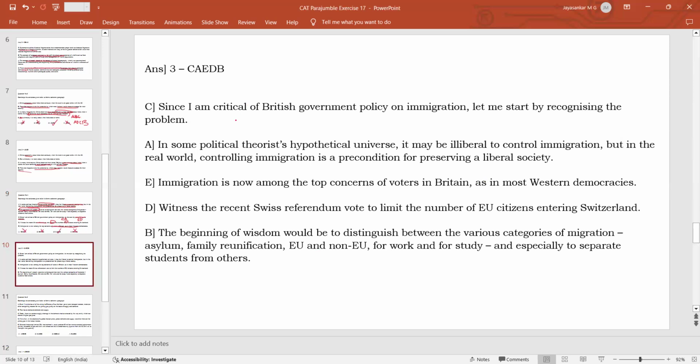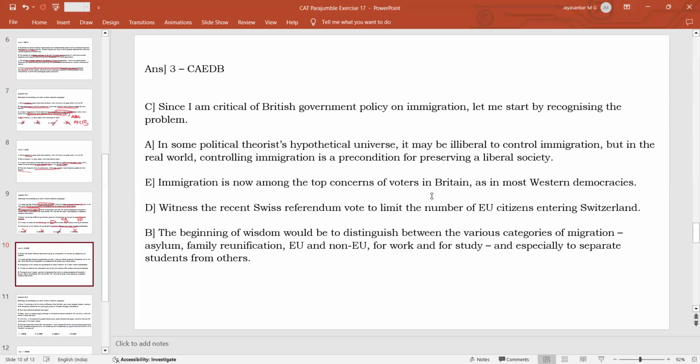Let me start by recognizing the problem. The political theory says that it is wrong to control immigration in a liberal society, but in the real world, controlling immigration is a precondition to the liberal society. So this contradiction or dichotomy, which the politicians are not realizing, is the problem with the British government's policy on immigration.